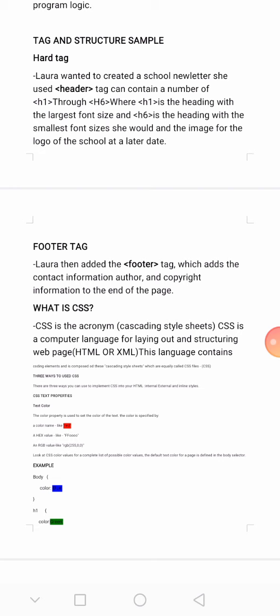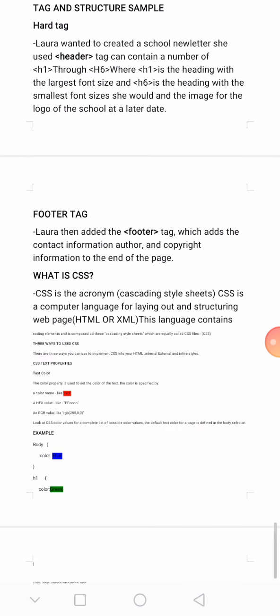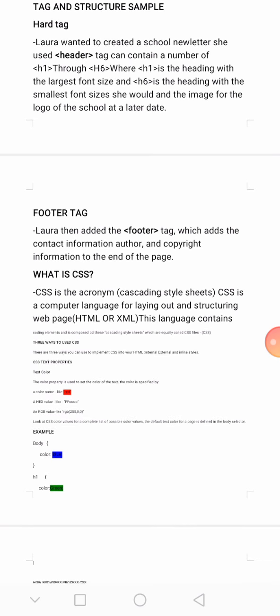CSS text properties. Text color. The color property is used to set the color of the text. The color is specified by a color name like red, a hex value like #ff0000, or an RGB value like RGB(255,0,0).